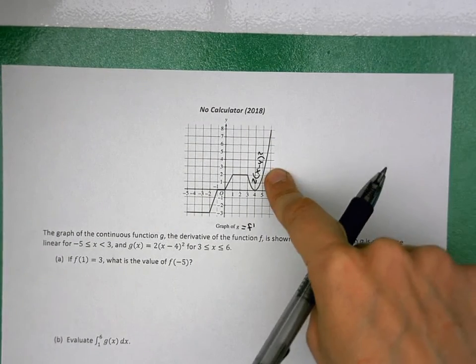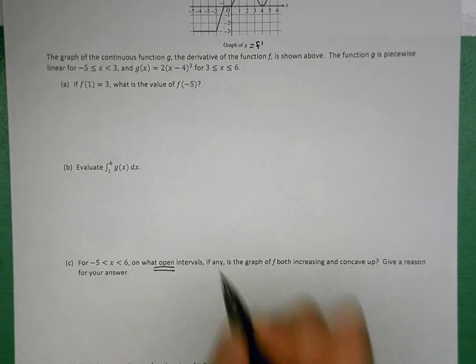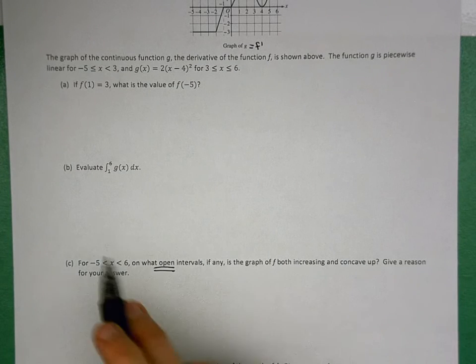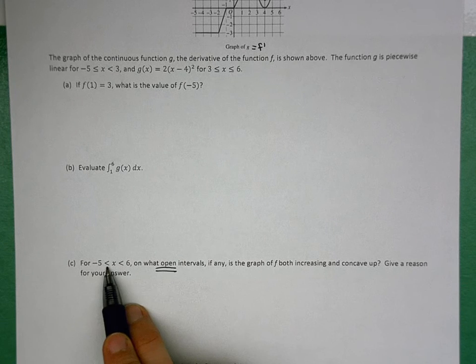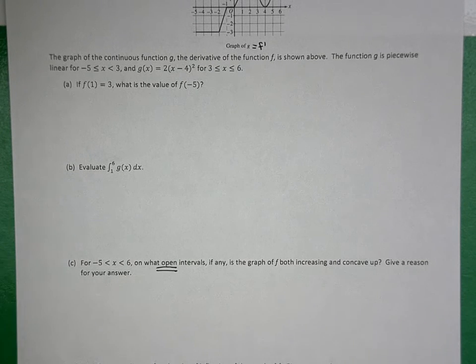Okay? Coming down to part C then, it says, between -5 and 6, on what open intervals, so I am going to make sure I do parentheses for my bounds, or inequalities without the equals, right? On what open intervals, if any, is the graph of f both increasing and concave up?